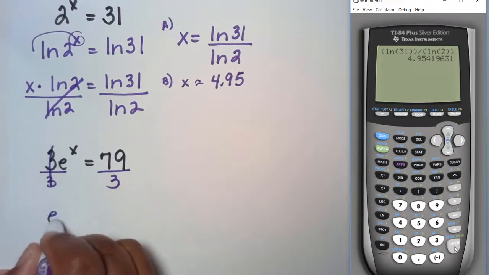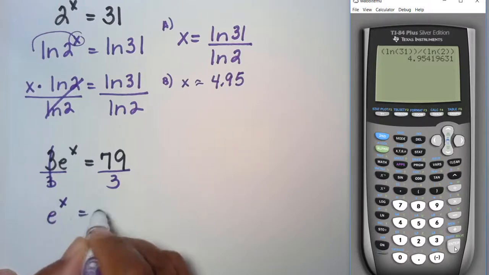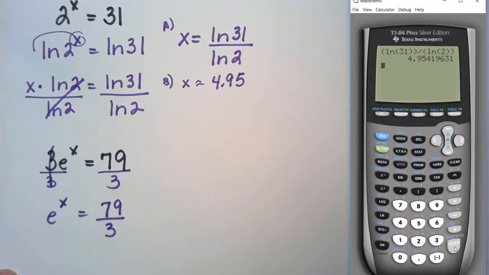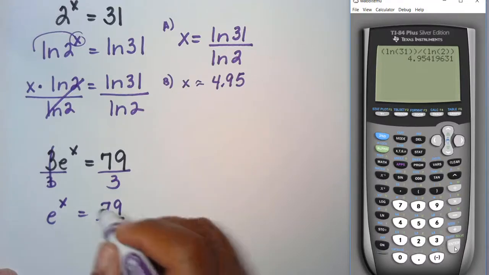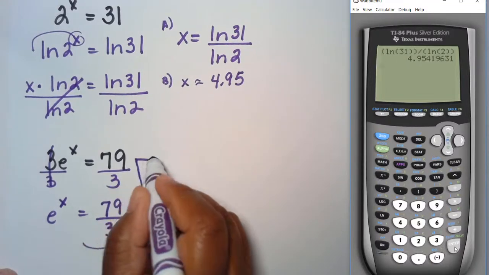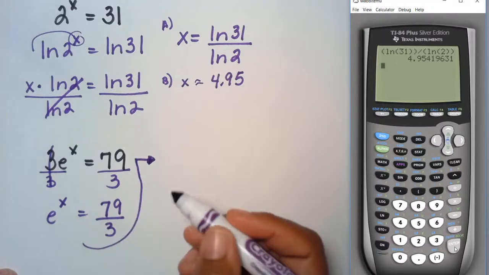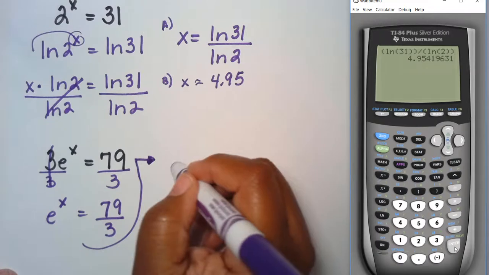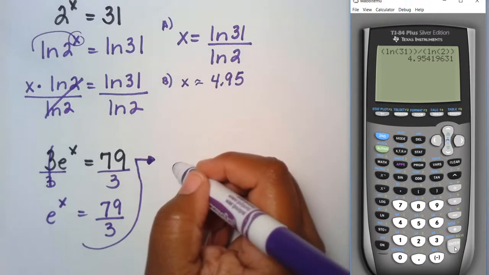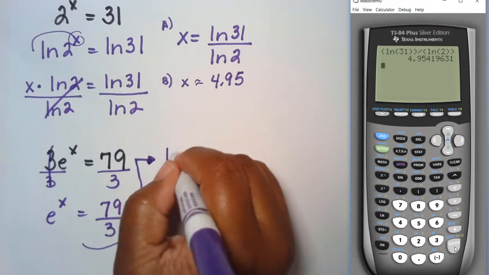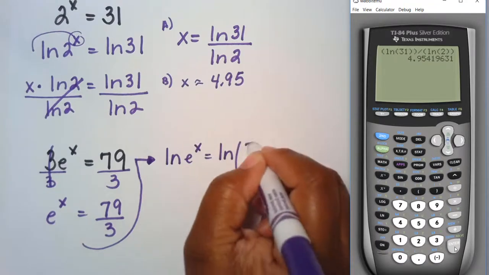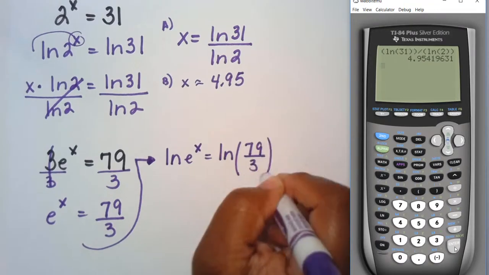And we have e to the x is equal to 79 over 3. Okay, then what we're going to do next is take the natural log to both sides because we have a base e. So that means we're going to write ln on both sides of the equation. Ln of e to the x is equal to ln of 79 over 3.